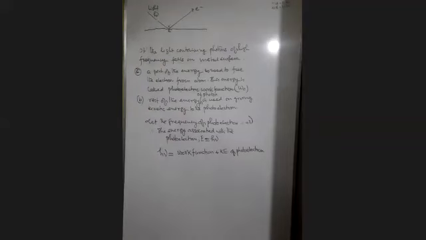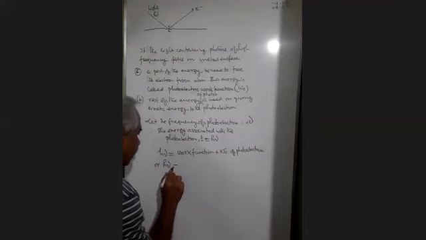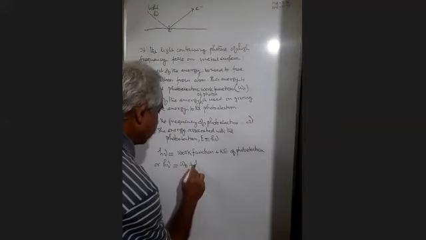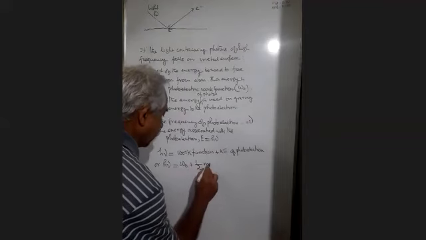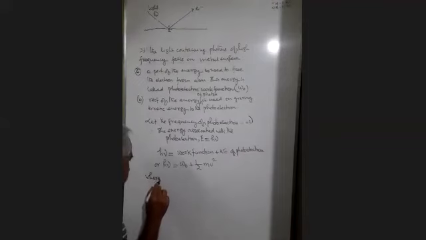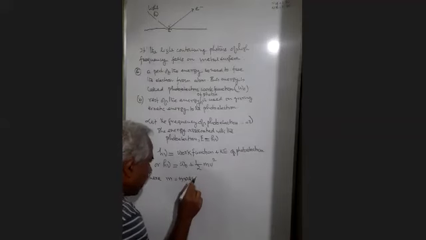Okay, so I can write here h nu is equal to W0 and what is the value of kinetic energy? Half mv square, where m is equal to the mass of electron.